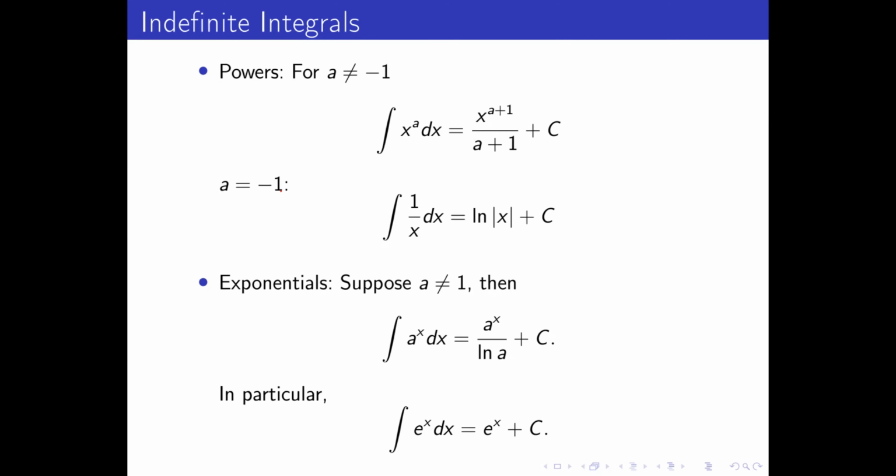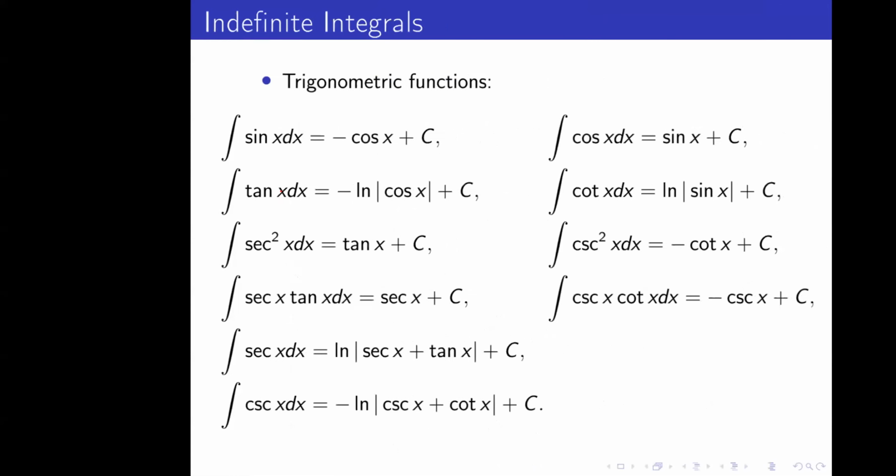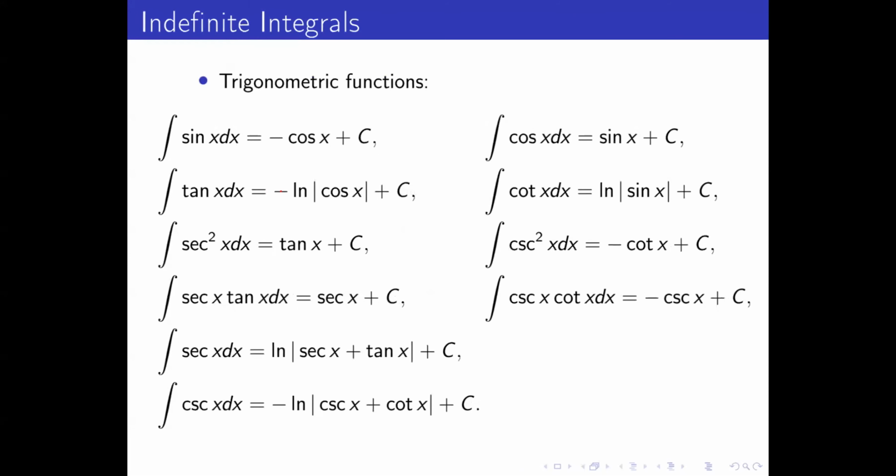So recall that e is a number such that log e equals 1. Therefore, the antiderivative of e to the x is e to the x plus c. And then here you have a bunch of other antiderivative formulas.